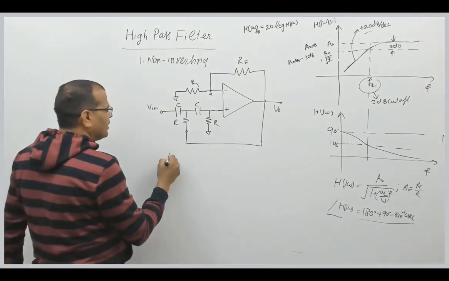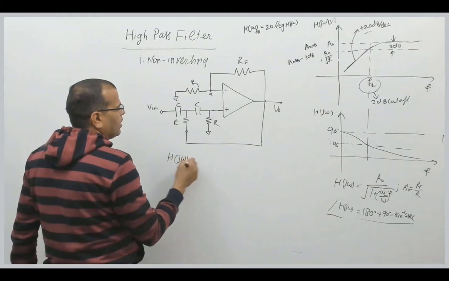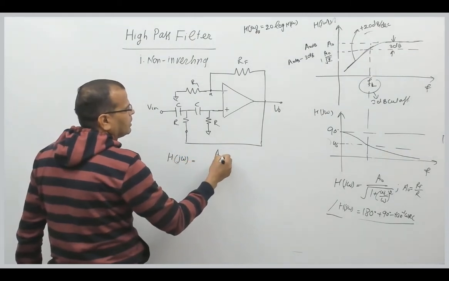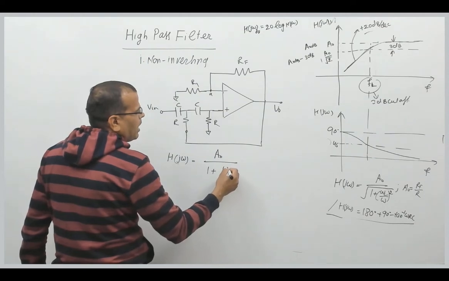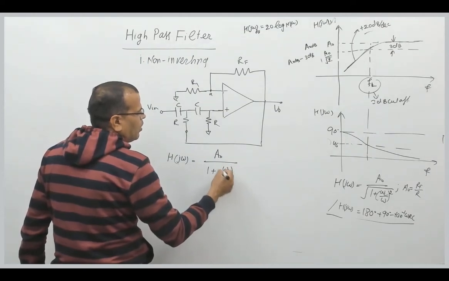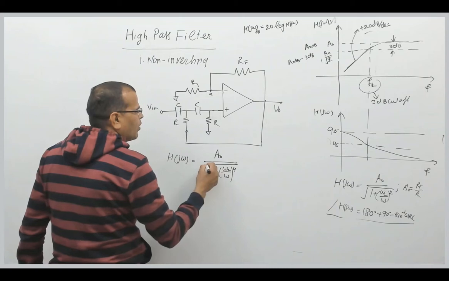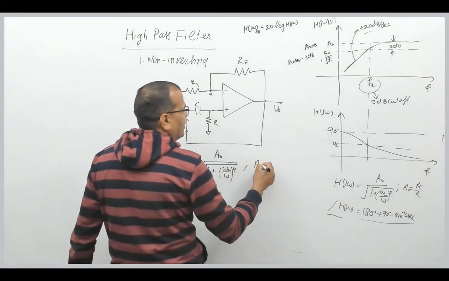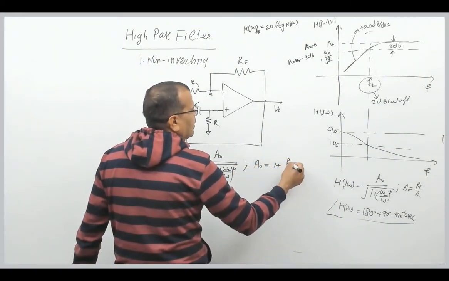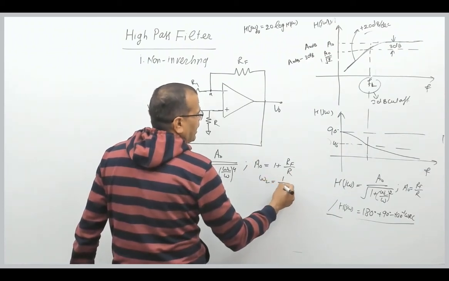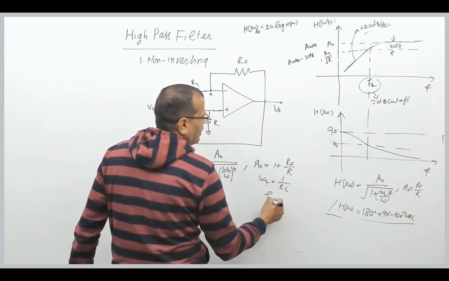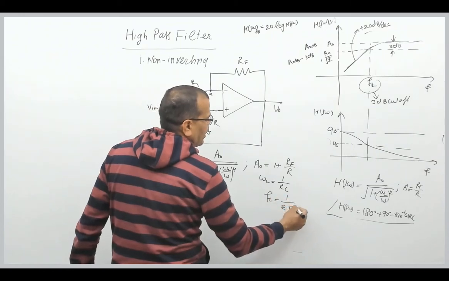The transfer function for this, just remember, is A naught by square root of 1 plus omega L by omega to the power 4, where A naught is 1 plus RF by R and omega L is 1 by RC, or FL is 1 by 2 pi RC.